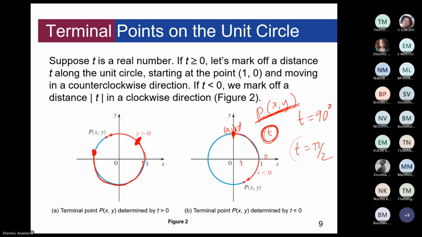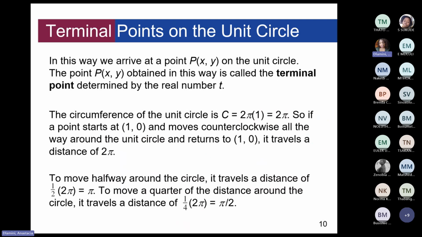Yes, ma'am. Thank you. Now they say the circumference of the unit circle is 2 pi times 1, which is equal to 2 pi. Now look at this. Do you remember what a circumference is, before I talk about the circumference of a circle?